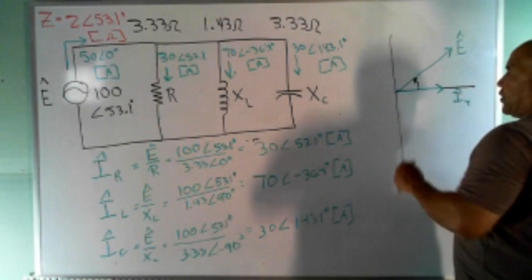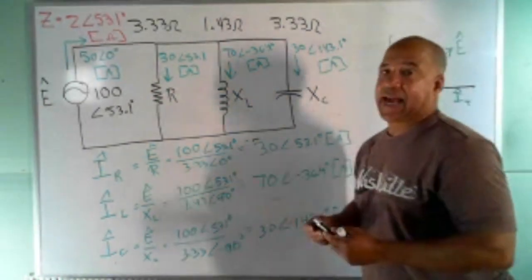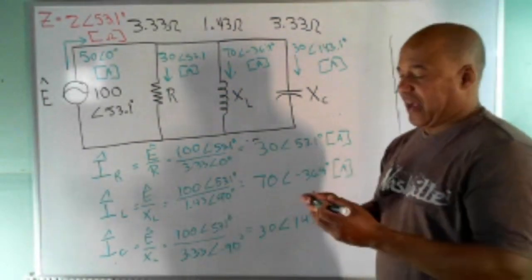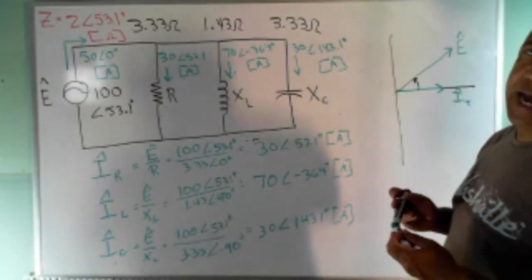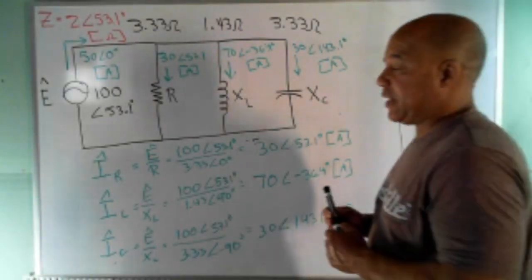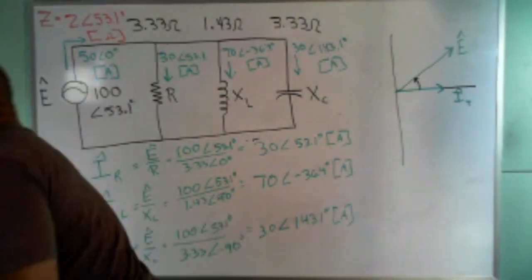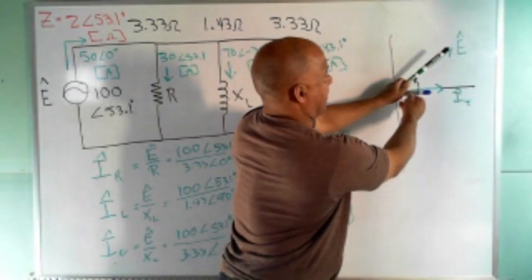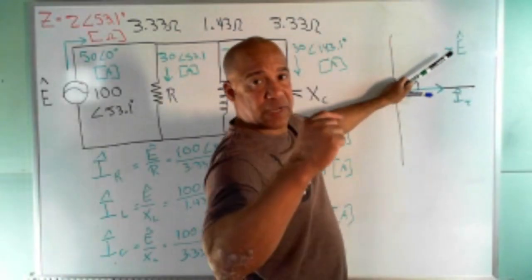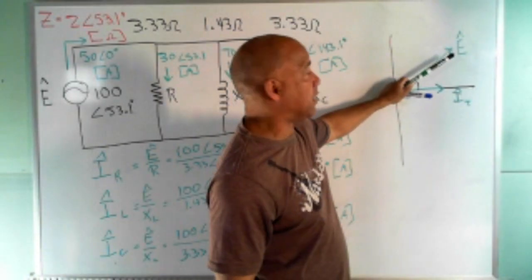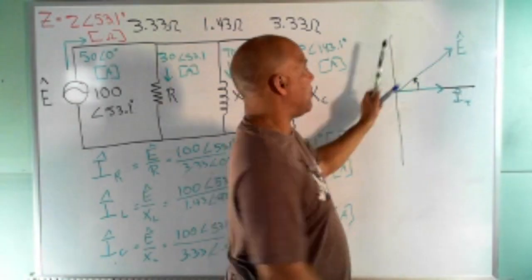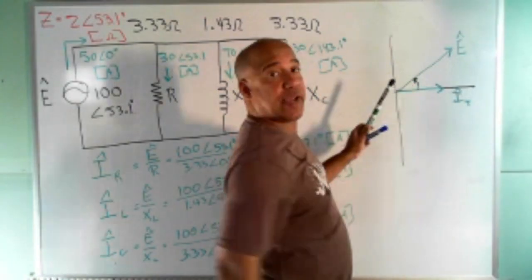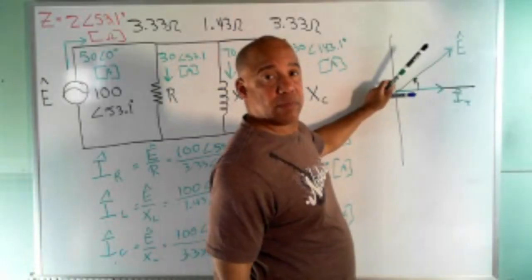But as I said last time we were together, these phasors, even though I can't show it here on the board, are actually rotating in a counterclockwise direction. Here's my voltage phasor, and here's my current phasor. So we take a snapshot of it, which is what the graph represents. It's actually rotating like this. And that phase angle of 53 degrees, they stay 53 degrees apart.